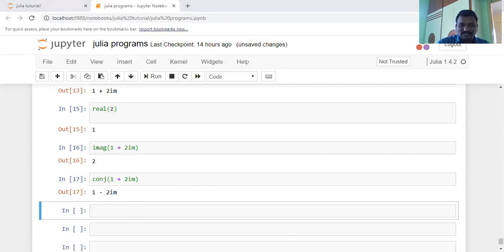And then another important one here, the absolute function. What is an absolute function here? The absolute function displays the absolute value. Here, for example, I am taking the absolute function like this.